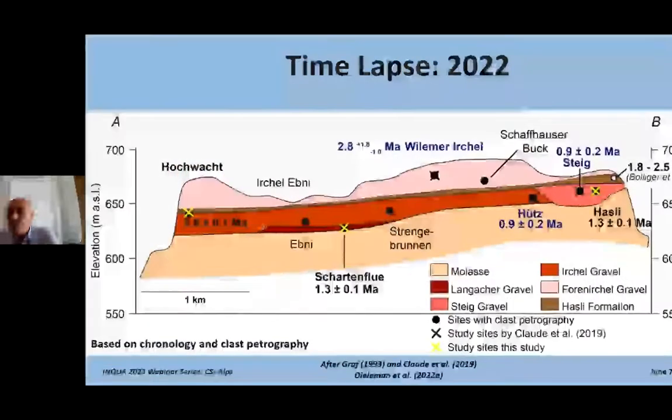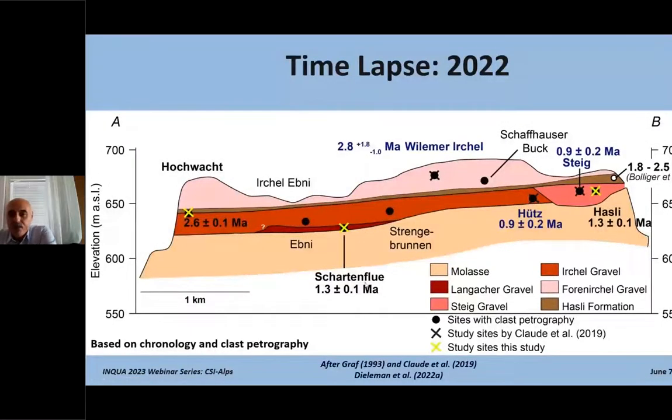Well, then in 2022, Katerina Dieleman went again to different locations. So what we did is we went to the gravels below the Hasler formation at the other end of Irchel, and we found 2.6 million years, which is completely okay with respect to 1.8 million years.